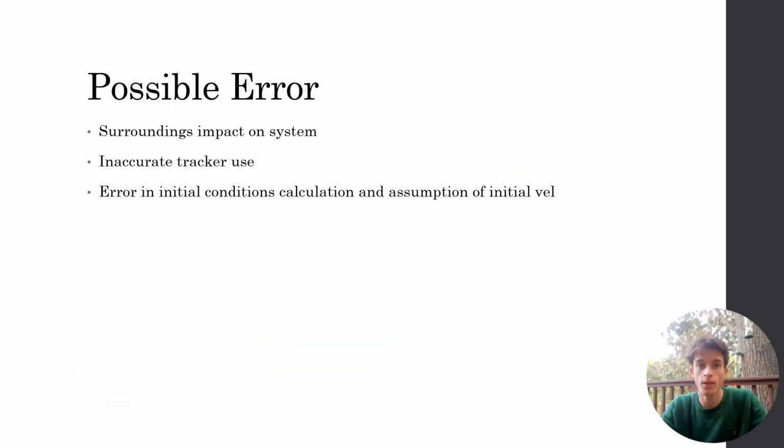So some errors might be the assumption that the surroundings don't have any impact on the system. We do say that no work is done on the system, but in reality, there's always other factors in the system, but we don't know how to compute them yet.